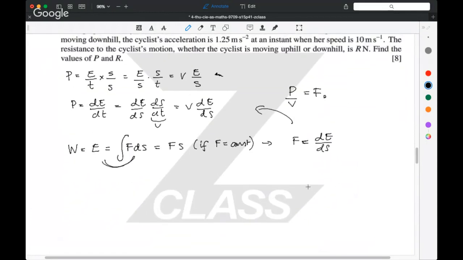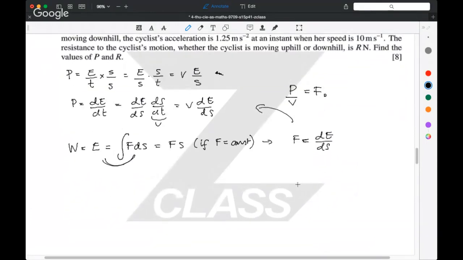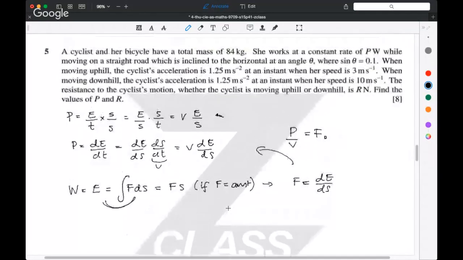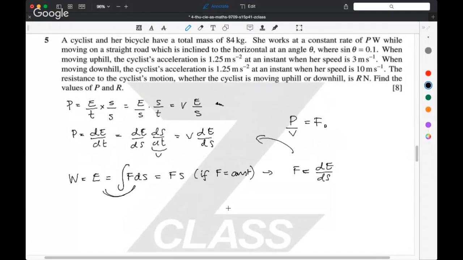Okay, good. So we have two situations, one where the cyclist is moving uphill and one where she's moving downhill, and these need to be evaluated separately. Let's first look at the uphill. In this scenario, you have the cyclist here, and the driving force moving her uphill. Because she's moving uphill, the force of friction is acting downwards, and the component of her weight is also acting downwards.